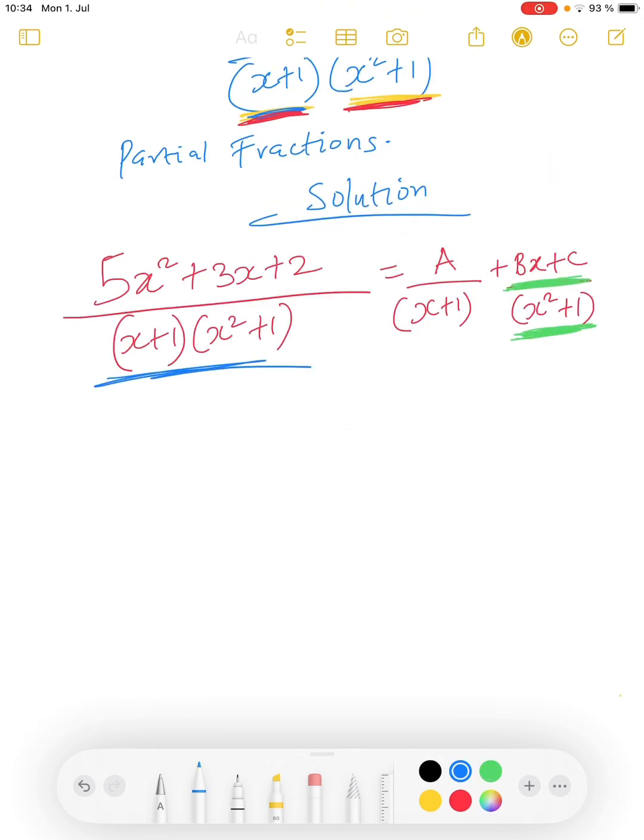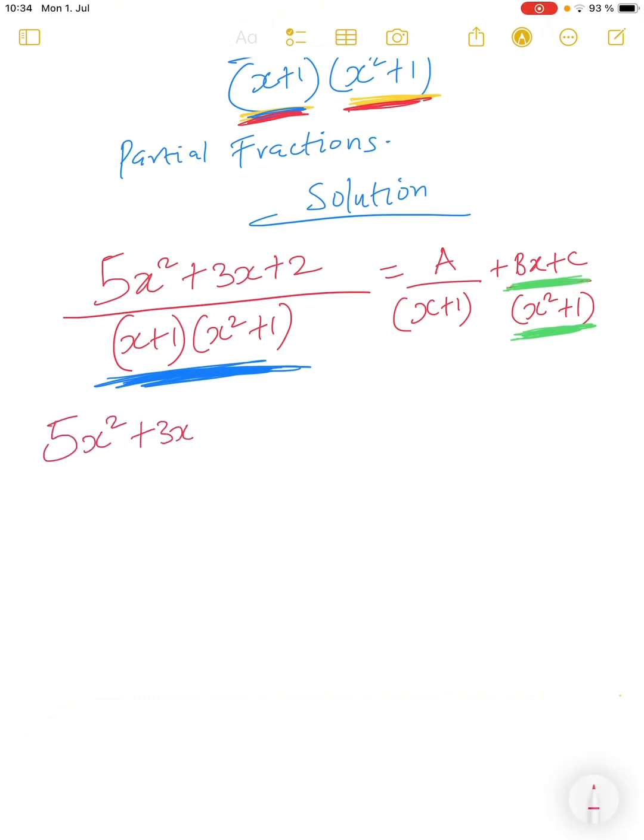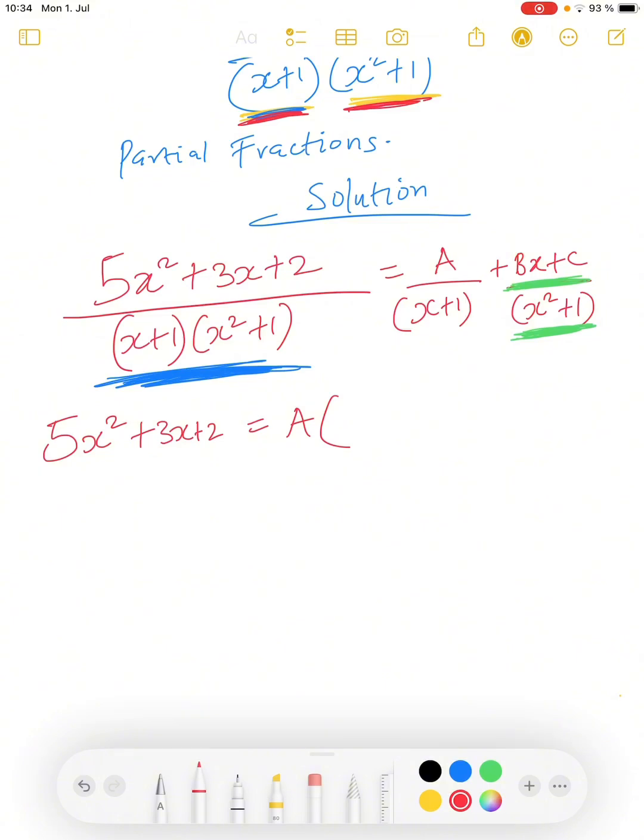As usual, we need to multiply all through by the denominator. So if we multiply all through by this denominator on all the sides, we have 5x squared plus 3x plus 2 equal to a over x plus 1 multiplied by this denominator, then x plus 1 will cancel this x plus 1, and we have this remaining. So we have a times x squared plus 1 plus bx plus c multiplying x plus 1.